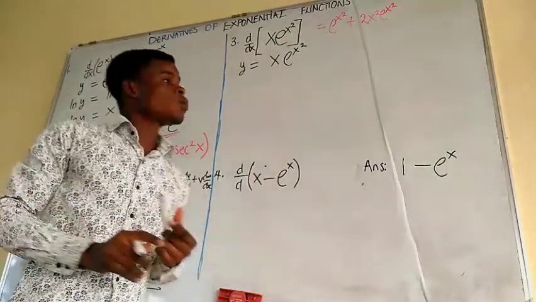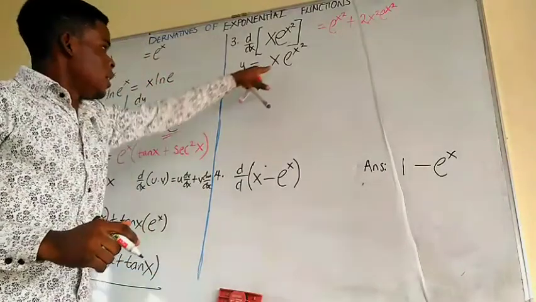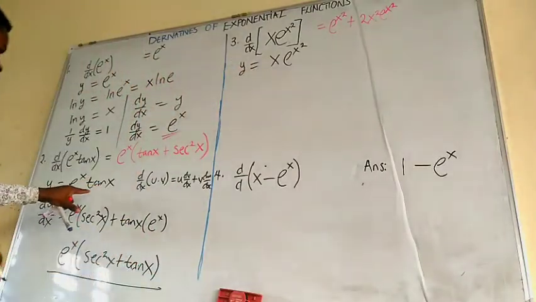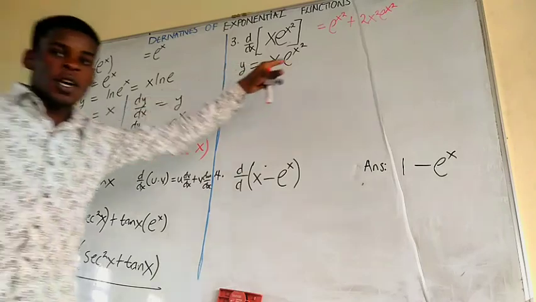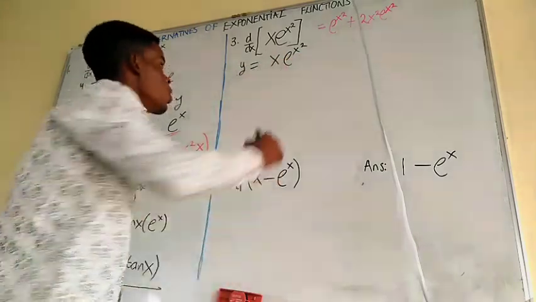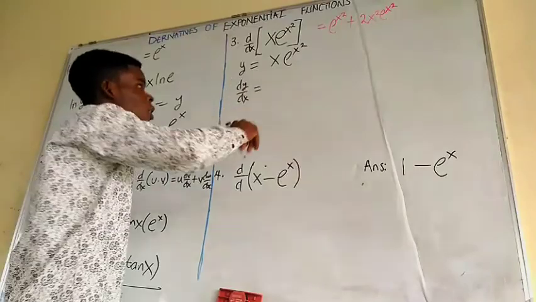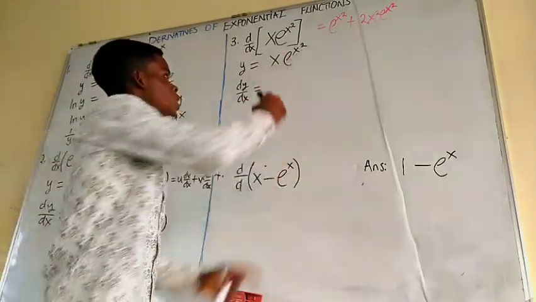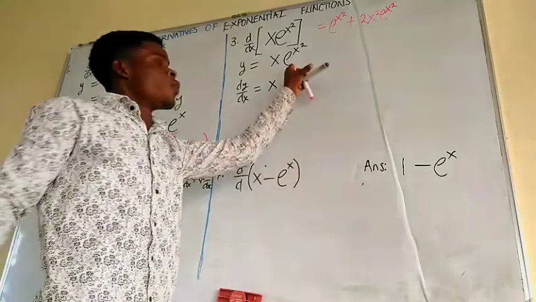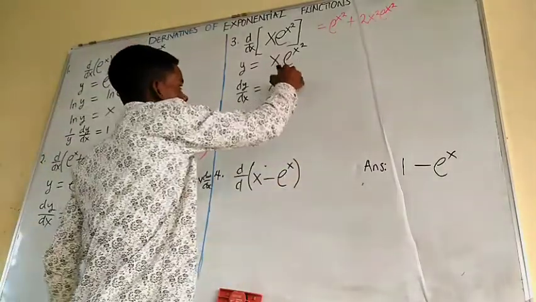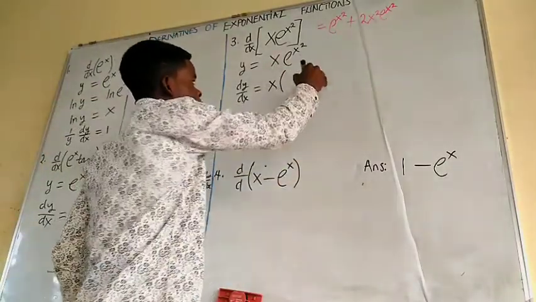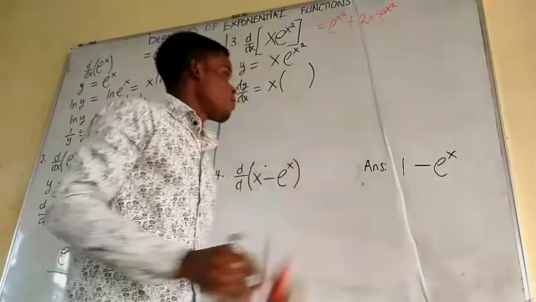Very nice. Well, as a product, it is just like this one. We're having a product of two functions, so we're going to go ahead and apply the product rule. We have that dy/dx is going to become, well, here we keep the first function, we differentiate the second, and what is the derivative of that with respect to x? Well, we're going to come back to that, alright?